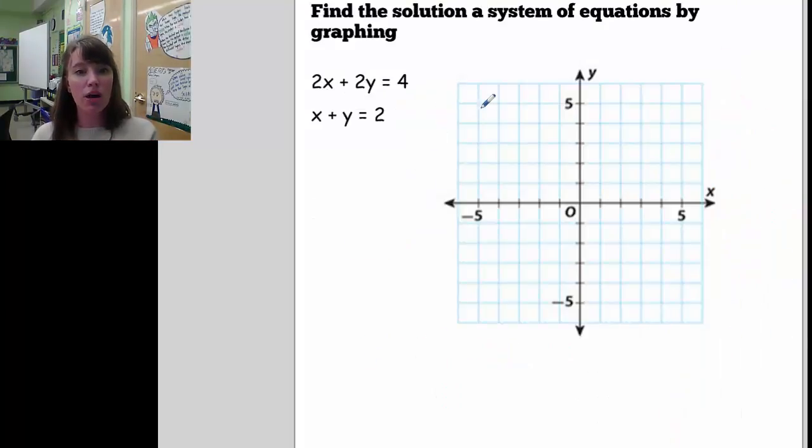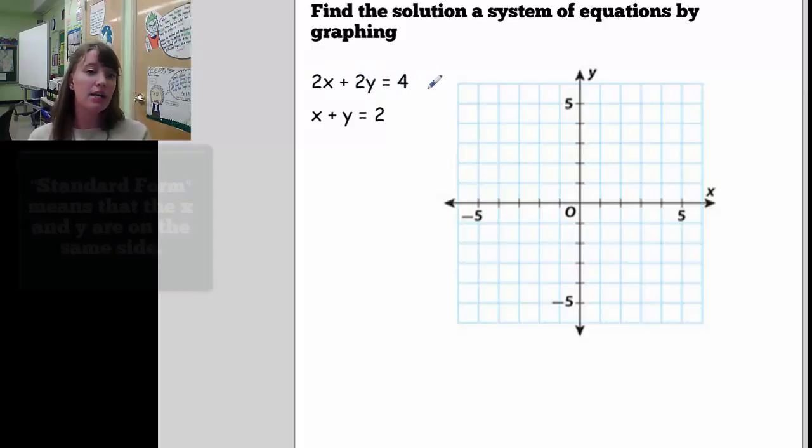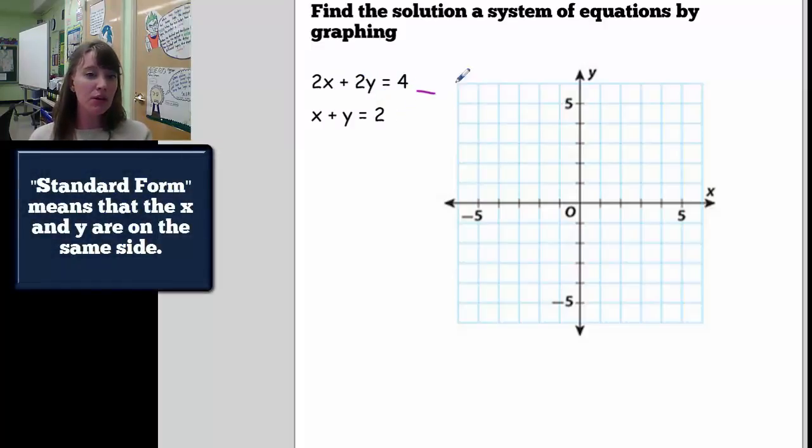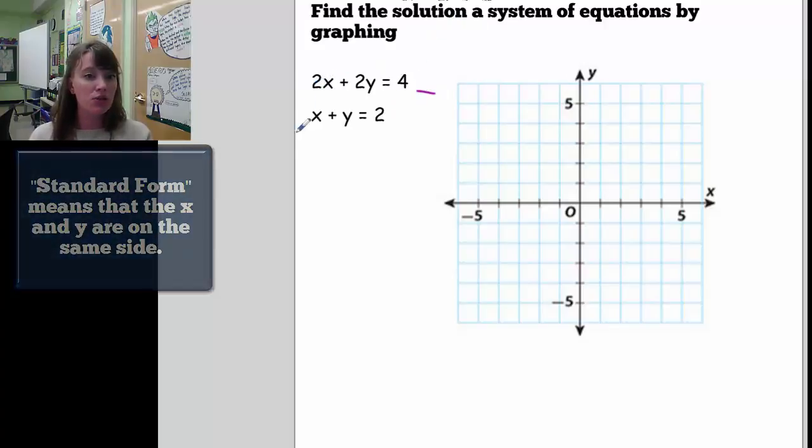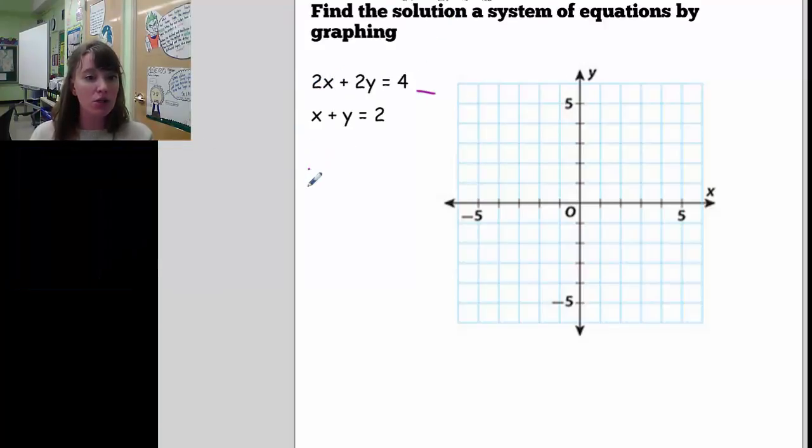Now let's try to solve a system of equations that's given in standard form, which means that it's not solved for y. The first thing we're going to have to do is actually solve it for y. So this first equation right here, I want to isolate y, so I want to subtract 2x from both sides.